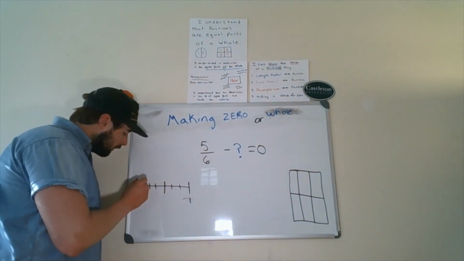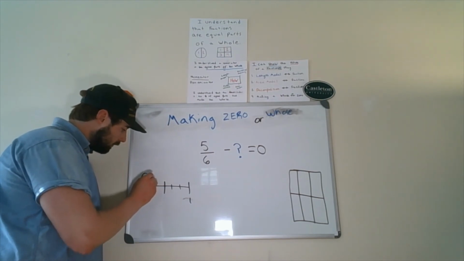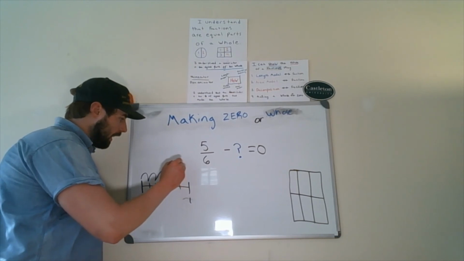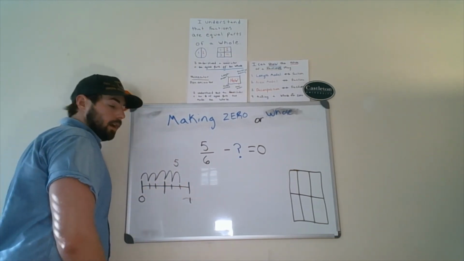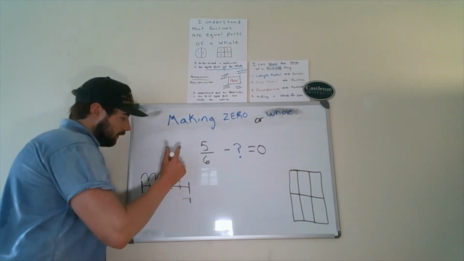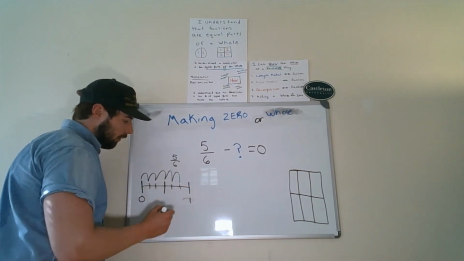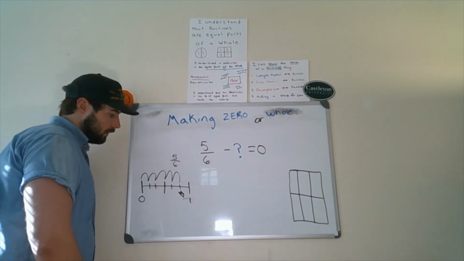Modeling that on the length model, I would need to count 5 parts. 1, 2, 3, 4, 5. 5 parts. But, parts of what? Parts of 6 parts that make the whole. 5/6 would be right here.